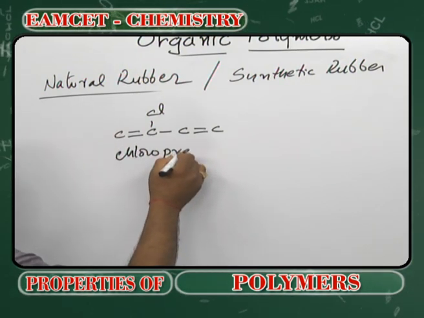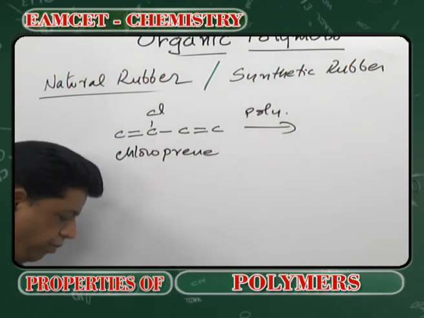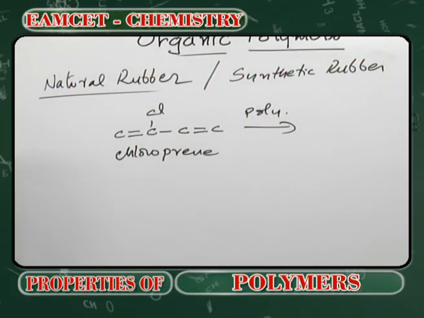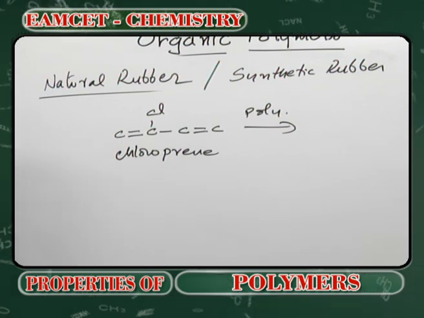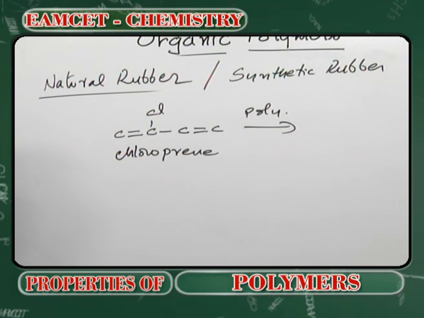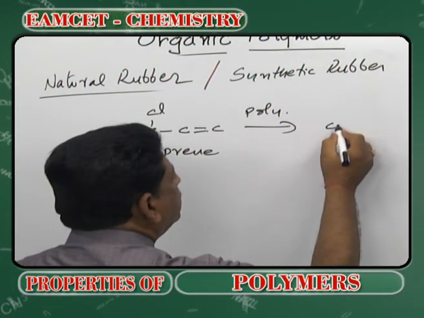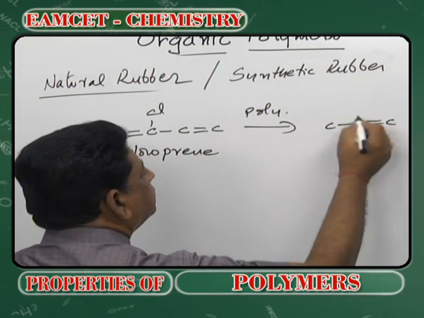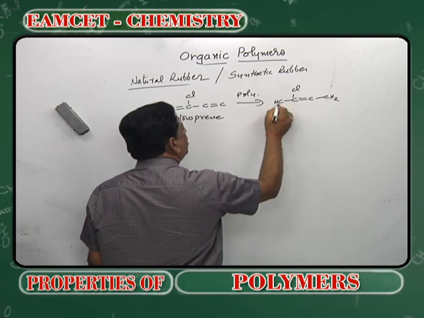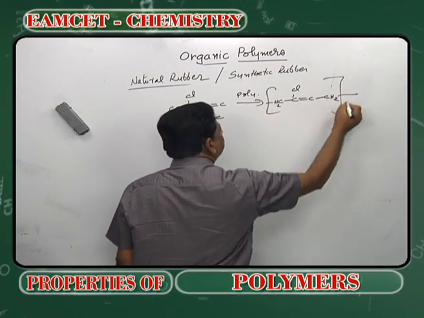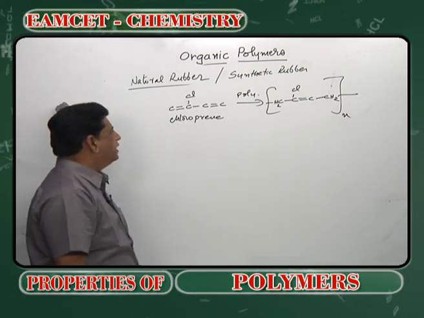Chloroprene on polymerization. How do you polymerize? Just mixing will not work; you have to add certain polymerizing agents like acids, bases or radicals. In the presence of high temperature and pressure, the molecules will join up and you will get a molecule like this: CH2 and CH2, a continuation, a long chain with n number of molecules, which is called a polymer, right.